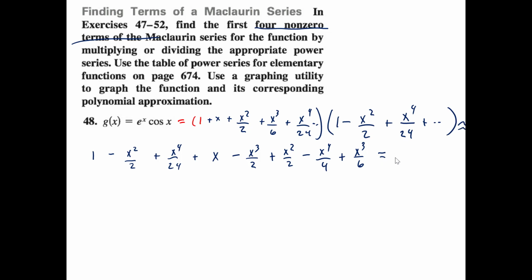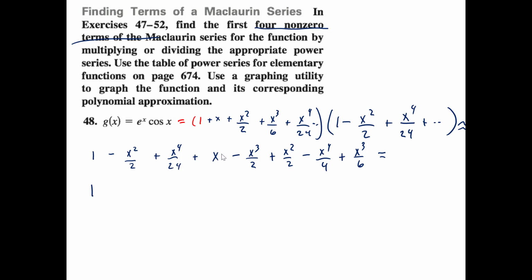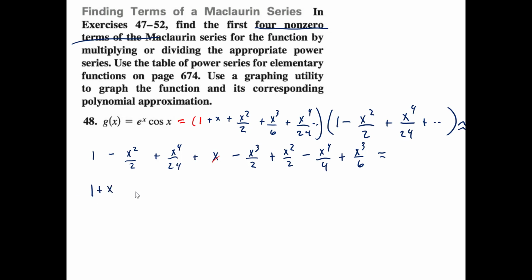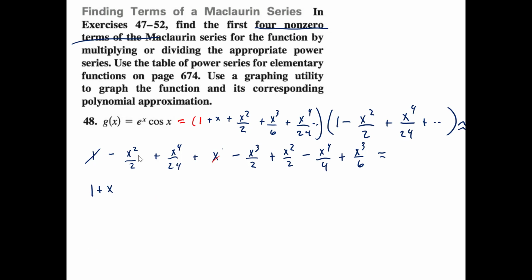So this is approximately, and this is equal to. Now my constant terms, there's only one constant term. That's that one. So we have 1. My linear terms, I have an x, and that's it, plus x. And so I'm done with the 1, and I'm done with the x. Now the x squareds, minus x squared over 2 plus x squared over 2, those go away.